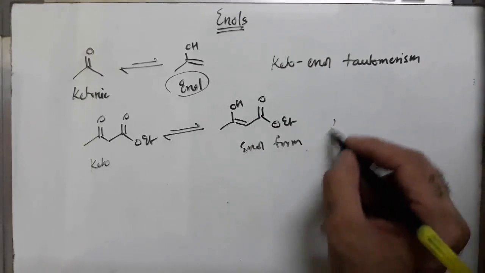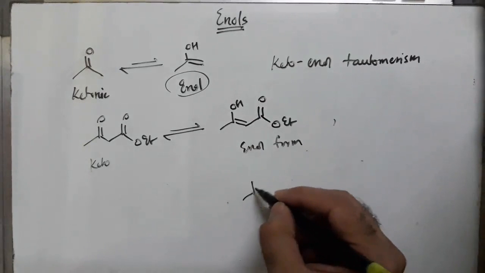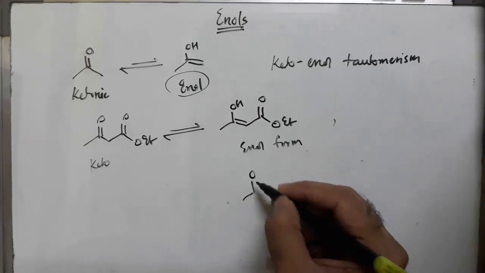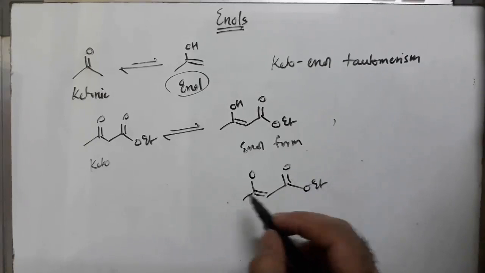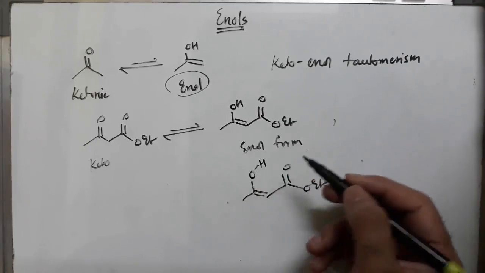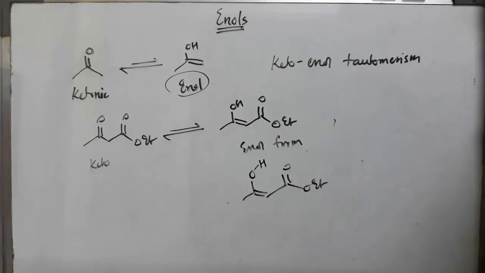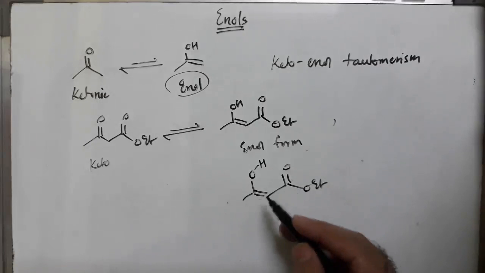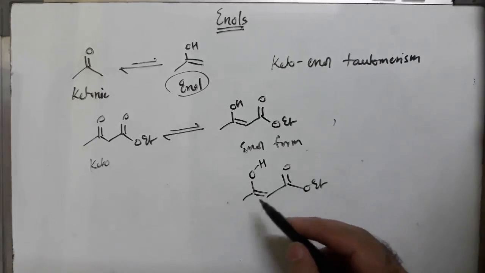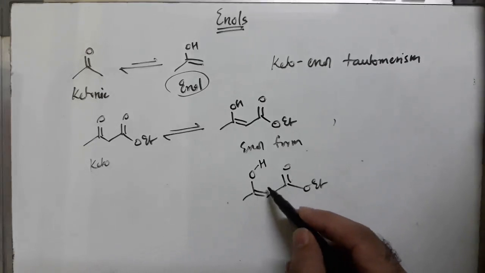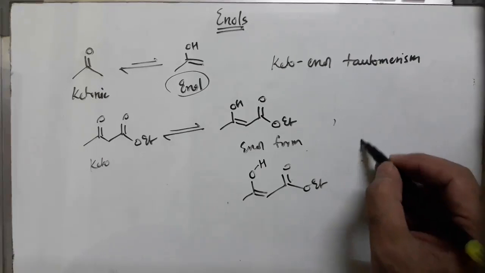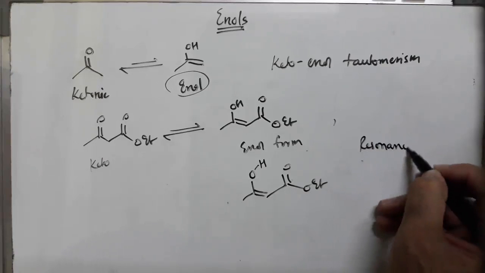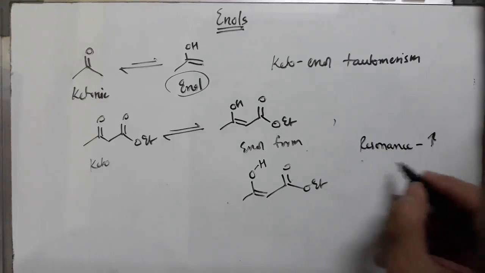How? Let us see. Now suppose we have this enol. Now it is having hydrogen here. Now there are two types of things happening here. One is you have this conjugated double bond. Now in conjugation you know that if we have more number of resonance structures, the stability will increase.